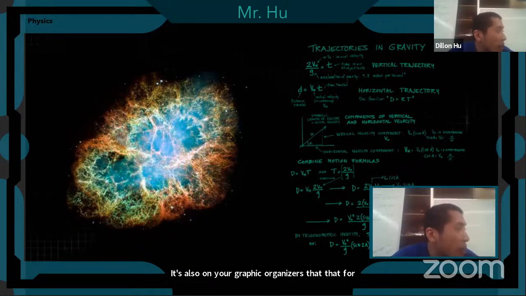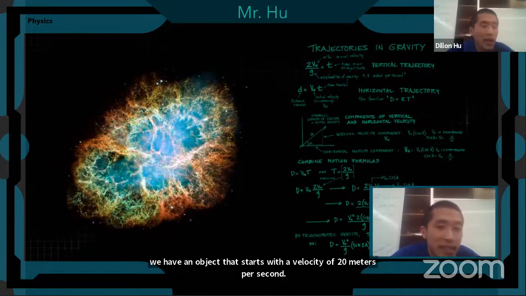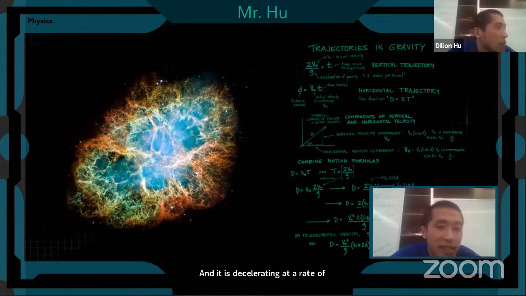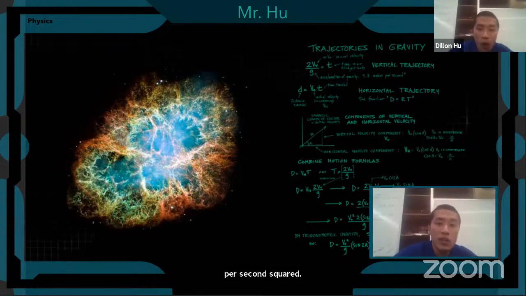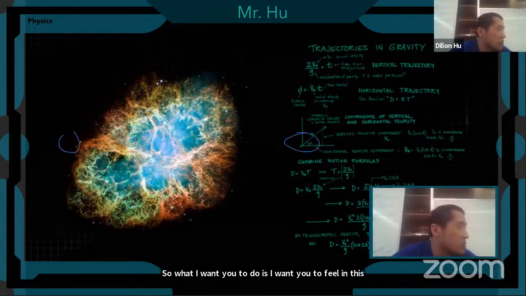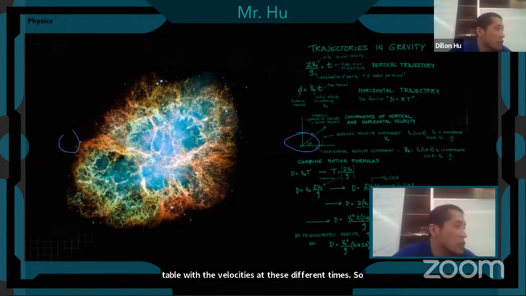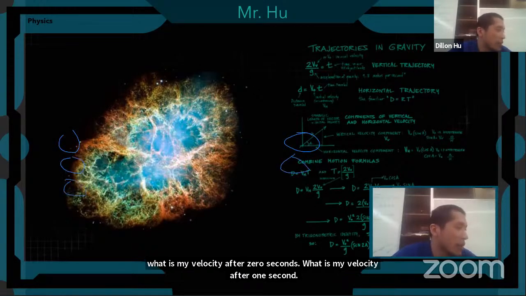We have an object that starts with a velocity of 20 meters per second, and it is decelerating at a rate of -4 meters per second squared. I want you to fill in this table with the velocities at these different times. What is my velocity after 0 seconds? After 1 second? After 2 seconds?